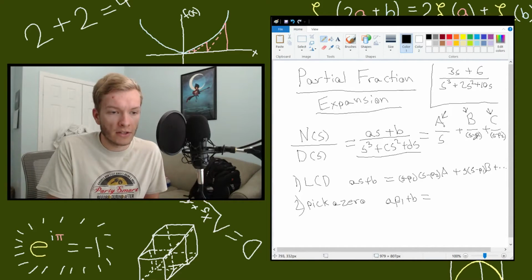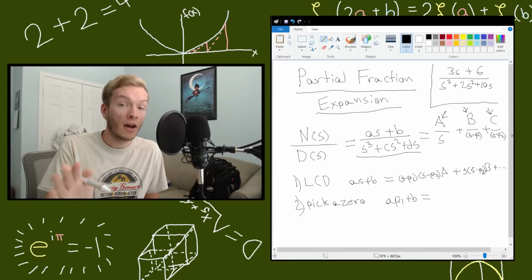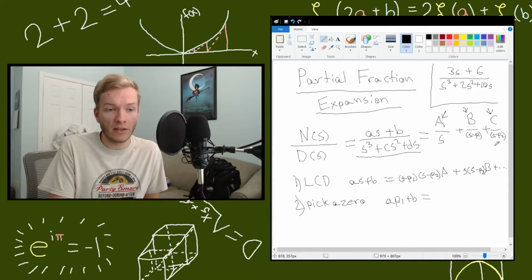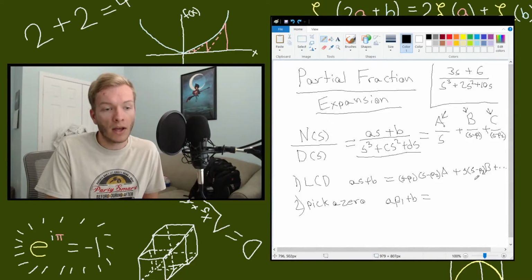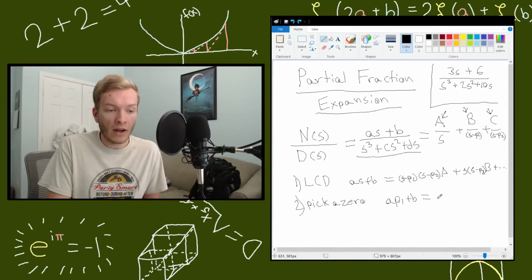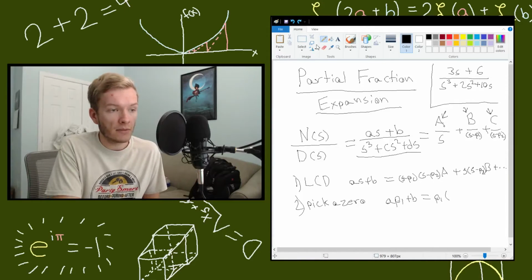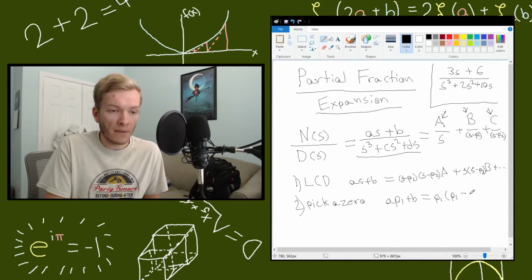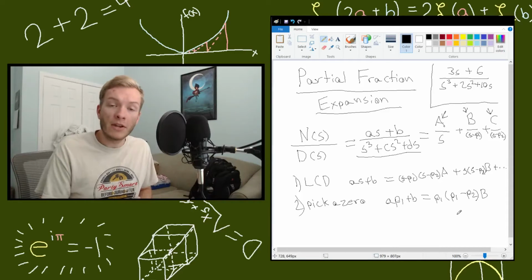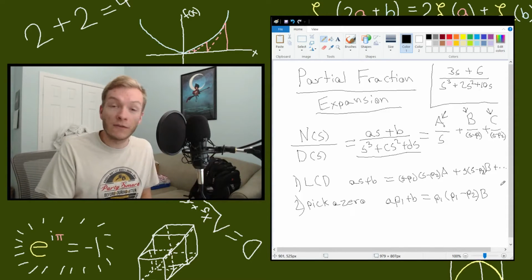I'm sorry, this should actually be P2 right here. The correction is that we are only going to have B here, because if you remember, we would cancel out this denominator, and we'd have S and S minus P1 left over for C. So C would cancel out. So what we're going to have is P1 times P1 minus P2 times B. From here on, we can simply solve for B, and we should know all of these other numbers because we plugged P1 in.